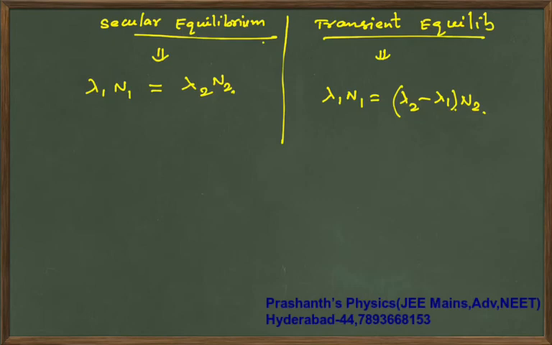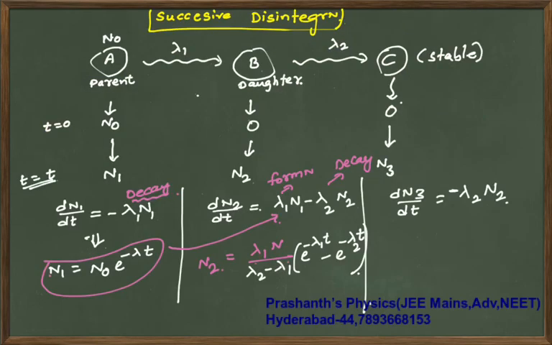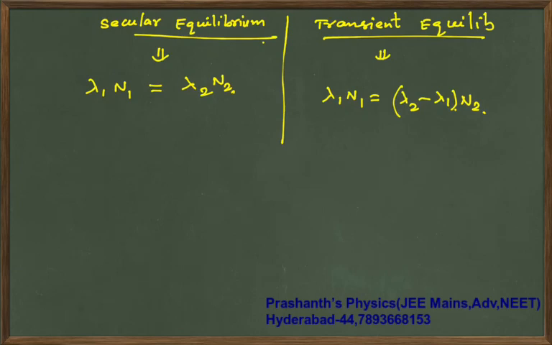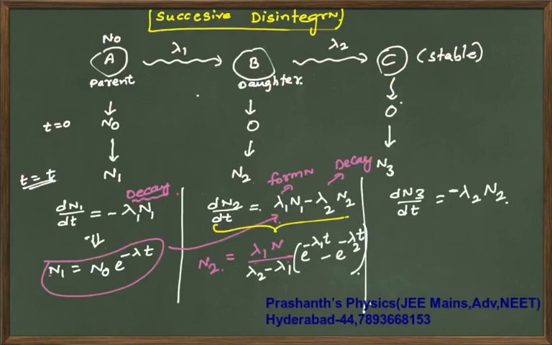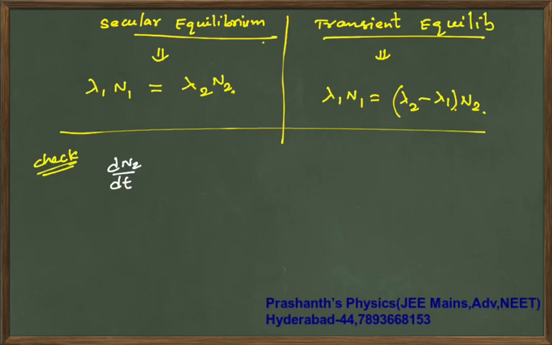Right. Now coming to this formula, I told you we need to check this, right? So what is that expression we are getting? Let me briefly check it. We are getting dn2 by dt is lambda 1 n1 minus lambda 2 n2.